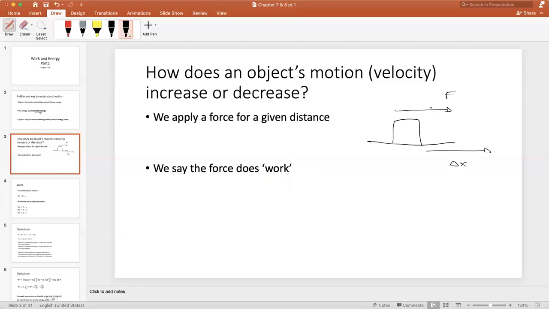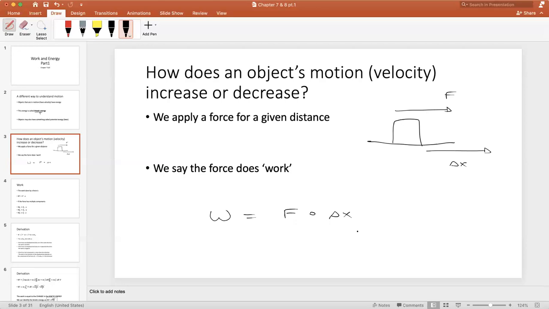You've applied that force over this displacement. You've applied it for a given distance, okay? We say that that force has done work. So the work, it turns out, is actually F dotted with the change in x.